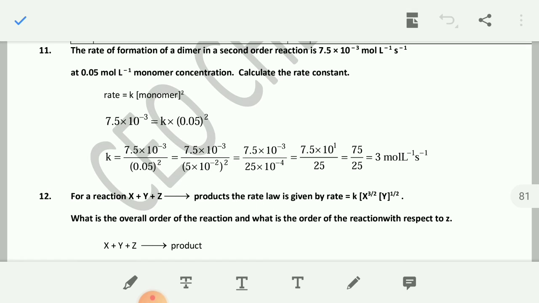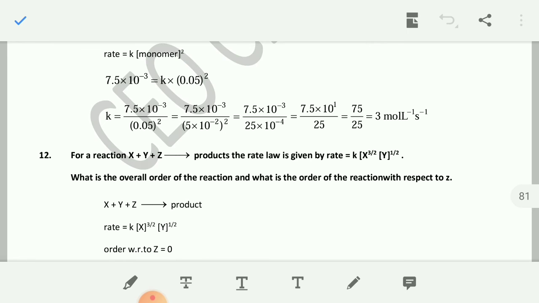So 7.5 into 10^-3 is 7.5 into 10^1 into 10^-4, divided by 25. The 10^-3 and 10^-4 cancel, giving 75 divided by 25, which equals 3 mol^-1 L s^-1.